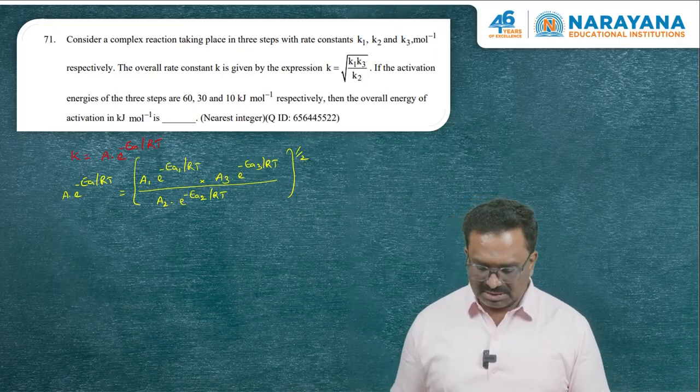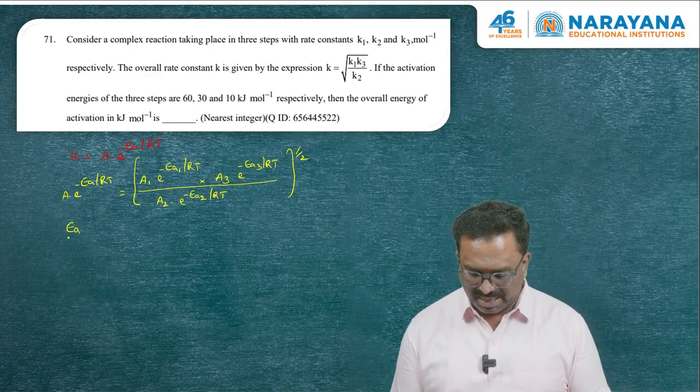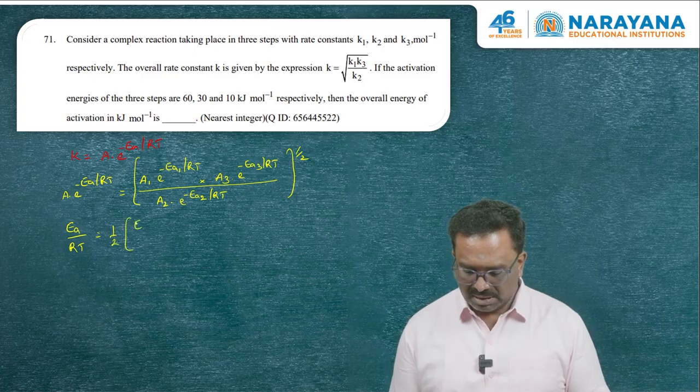So if we simplify this one, EA by RT is equal to 1 by 2 into EA1 plus EA3 minus EA2 by RT.